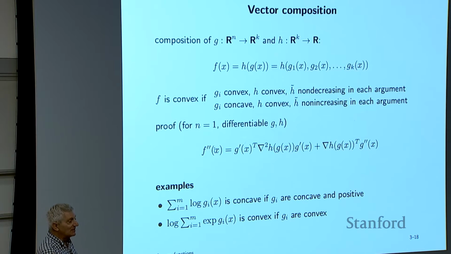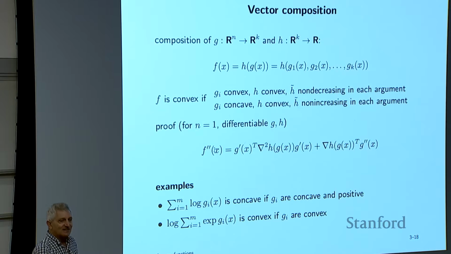For each argument, either A, the argument is affine, in which case there's no monotonicity requirement on h at all. B, that argument is convex, and h is increasing in that argument. Or C, the argument is concave, and h is decreasing in that argument. Okay? So you can freely mix and match affine, convex, concave, and monotonicity.